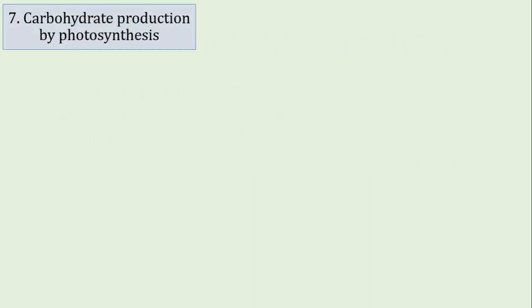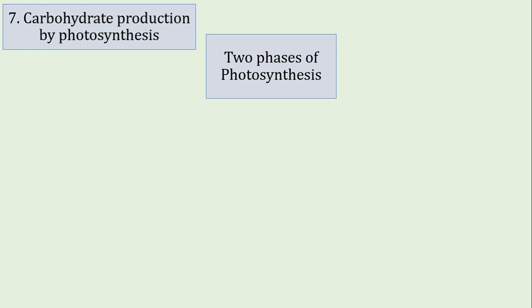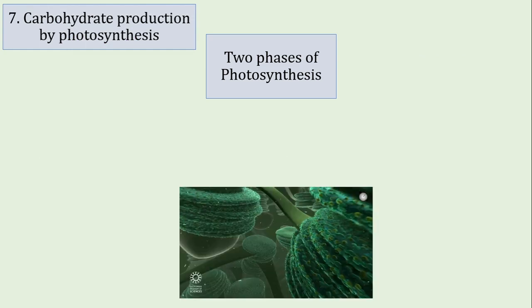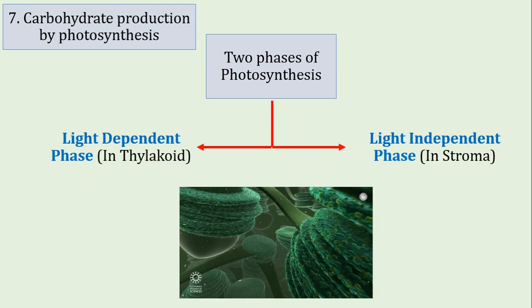At first, we understand what the 2 phases of photosynthesis are. The first phase is the light dependent phase that takes place in the thylakoid, and the second phase is called the light independent phase that takes place in the stroma.